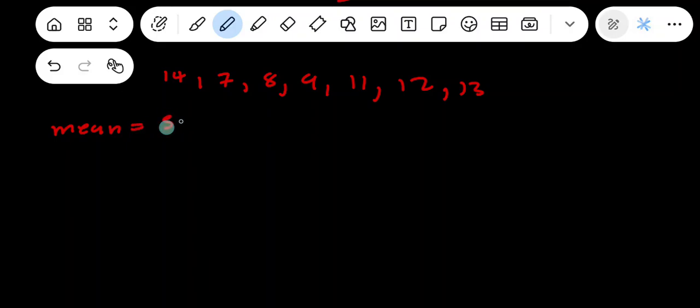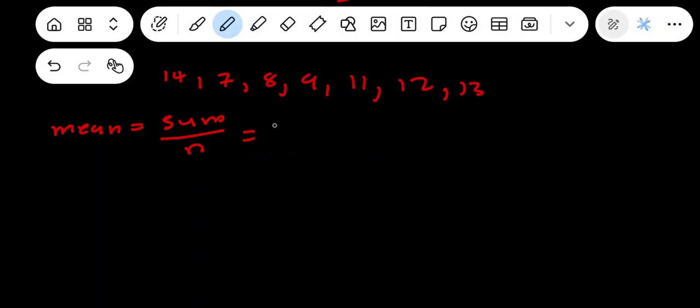Let's see, now we have another sequence: 14, 7, 8, 9, 11, 12, 13. We want to find the mean. We know that the mean is the sum of the numbers divided by the number of terms.